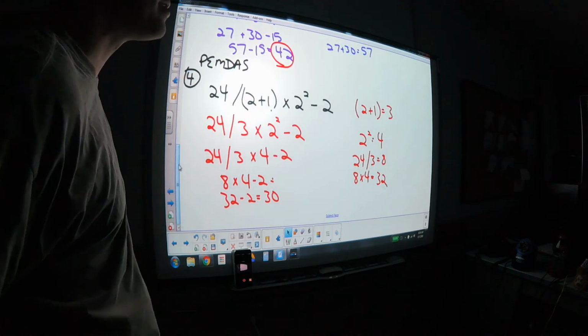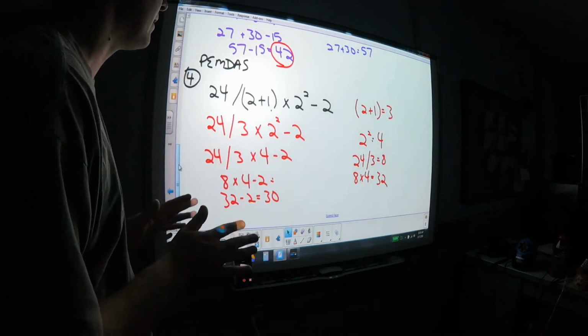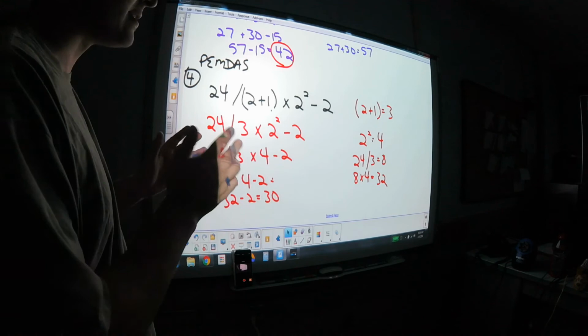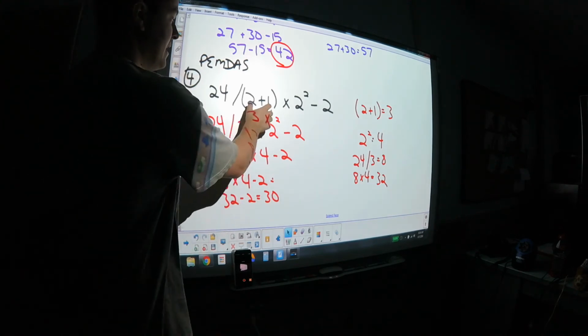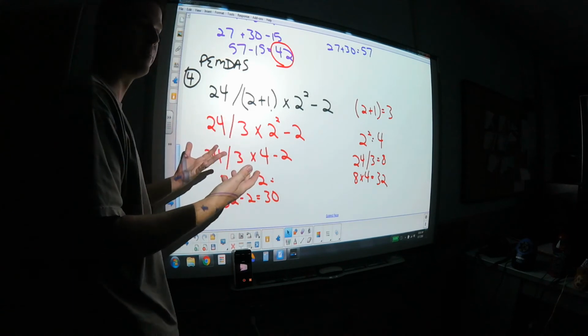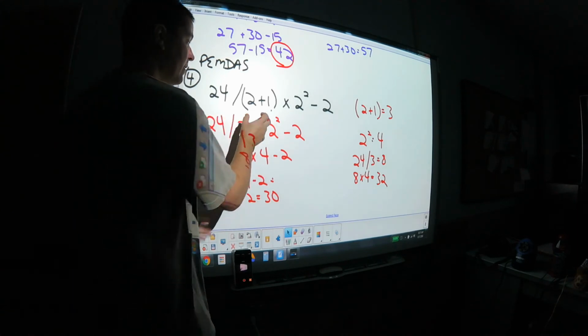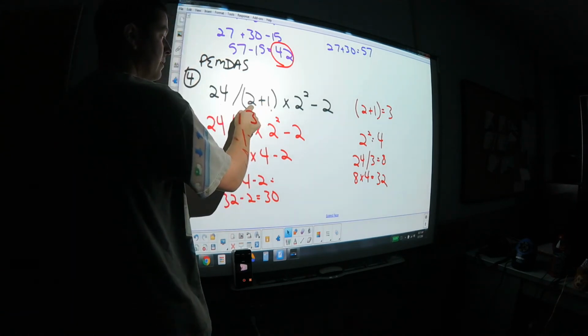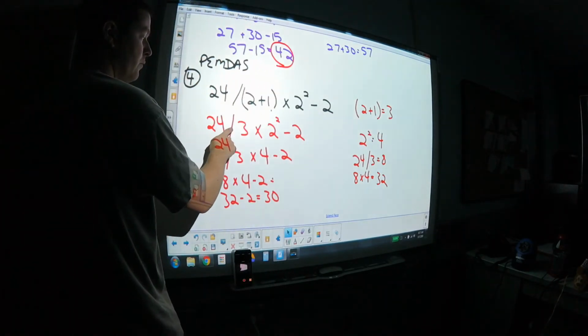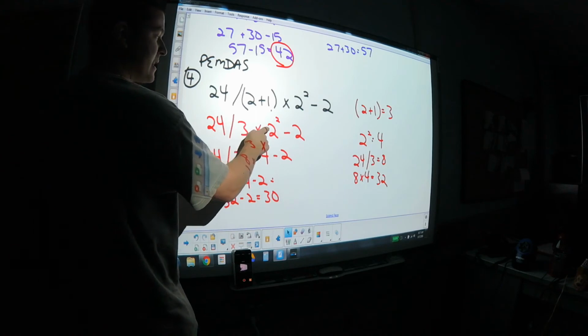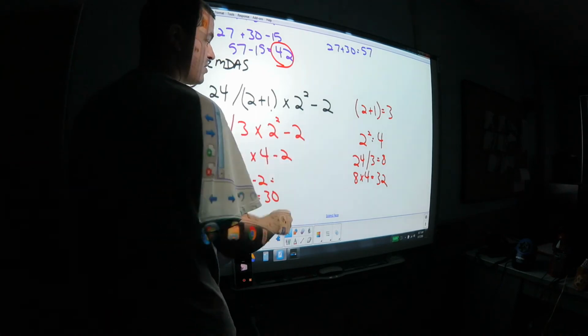The last problem looks like a lot, but if you follow PEMDAS, it's not going to be that hard. So do we have parentheses? Yes. So let's replace the parentheses with whatever by doing the operation inside. So 2 plus 1 is 3. So now it becomes 24 divided by 3 times 2 squared minus 2.